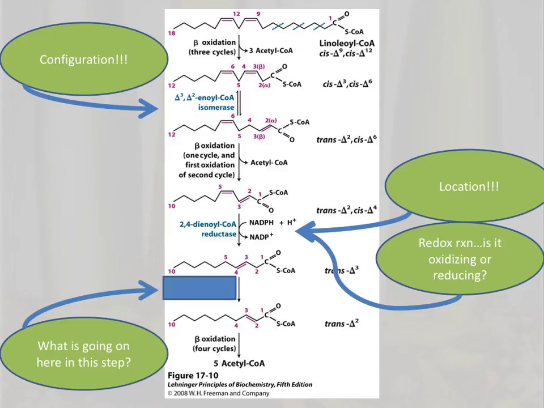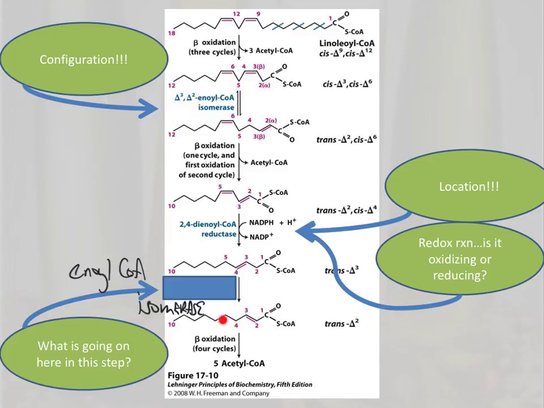If you're going to name this one, let's think about what class of compounds both of these are. These are enoyl CoA isomerase. That's it. This one here before was the specific one that told you it's going to be at positions delta 2, delta 3.